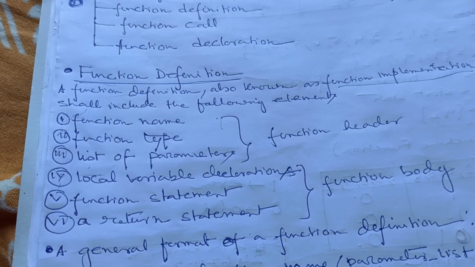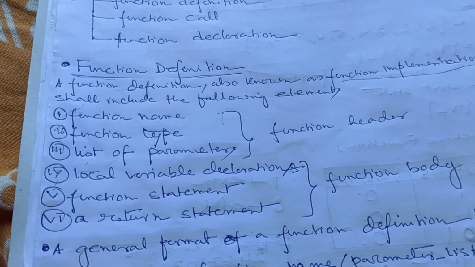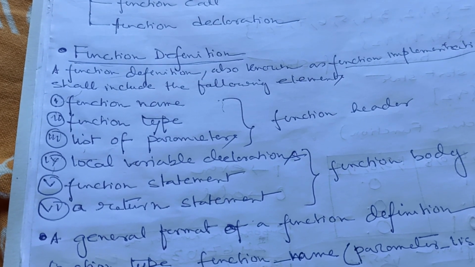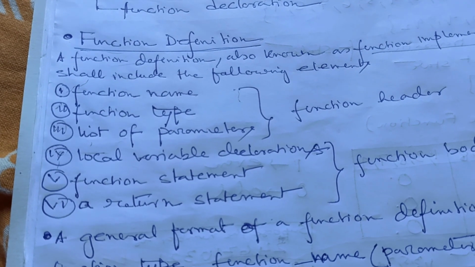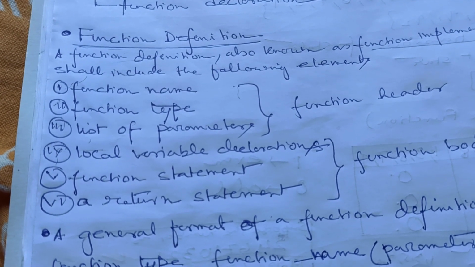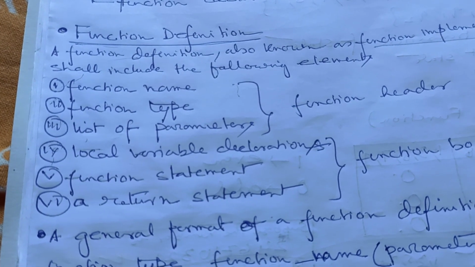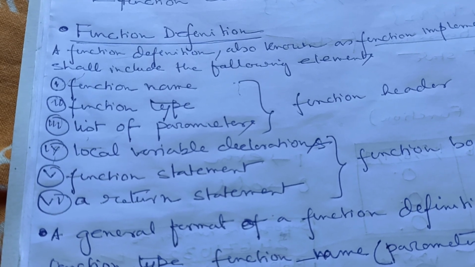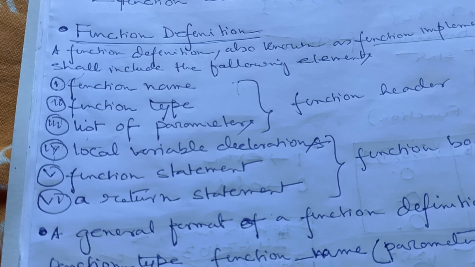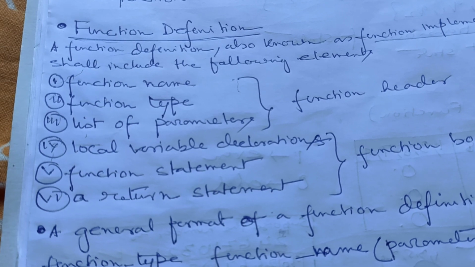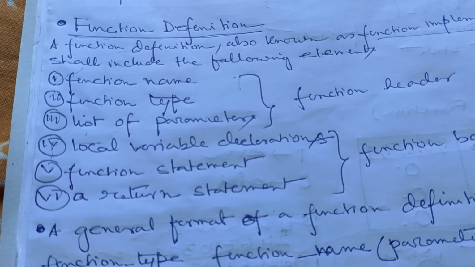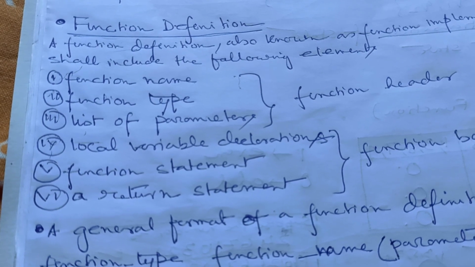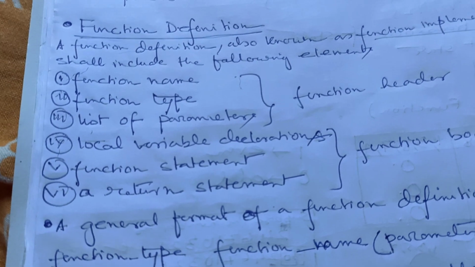That means how you will define a function, and there are 6 elements of a function definition. First thing is function name, next is function type, third one is list of parameters. Fourth one is local variable declaration, fifth one is function statement, and last one is a return statement.